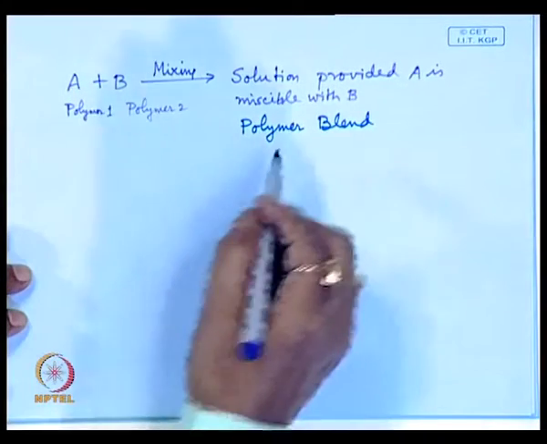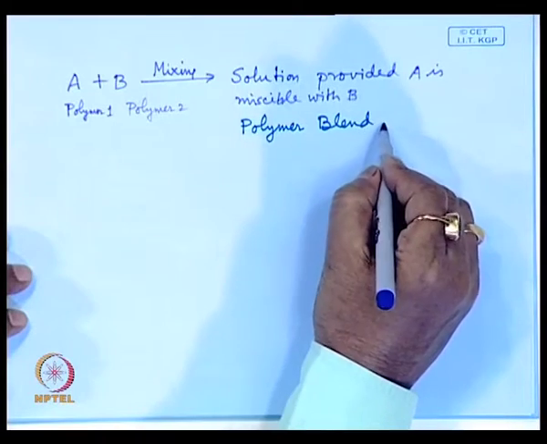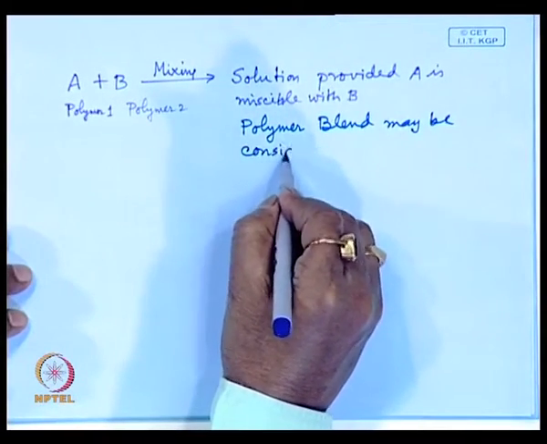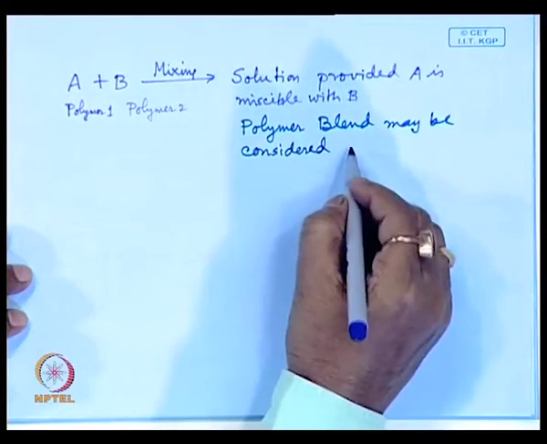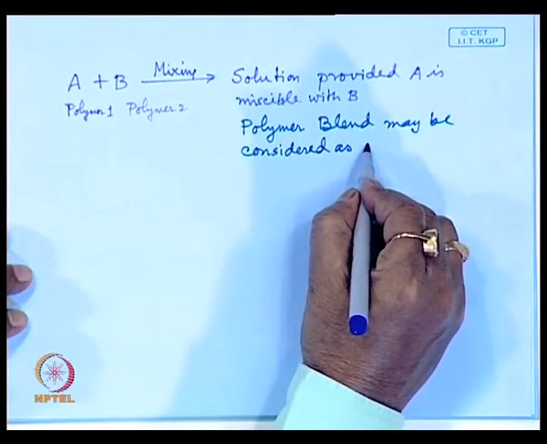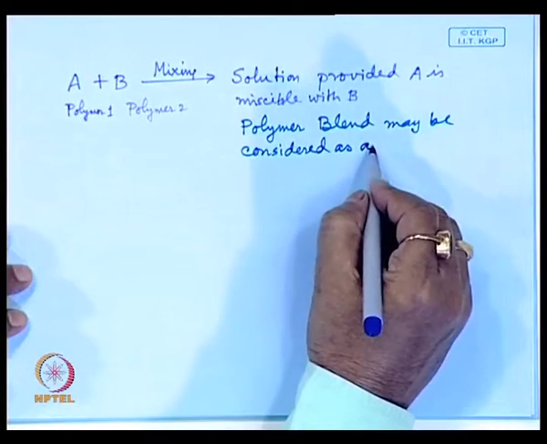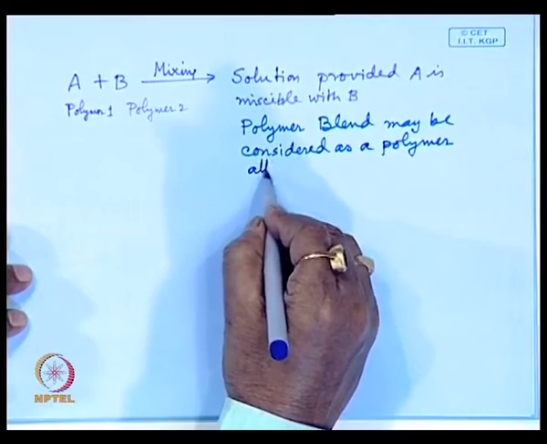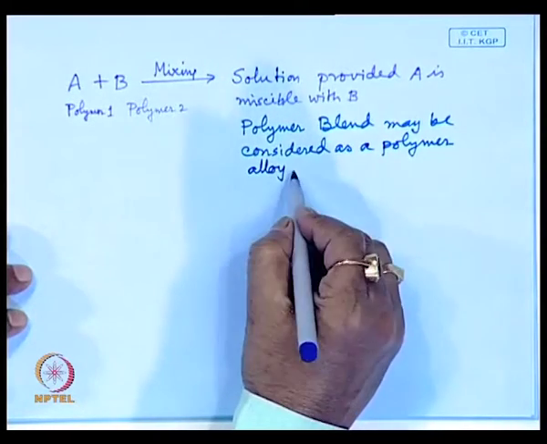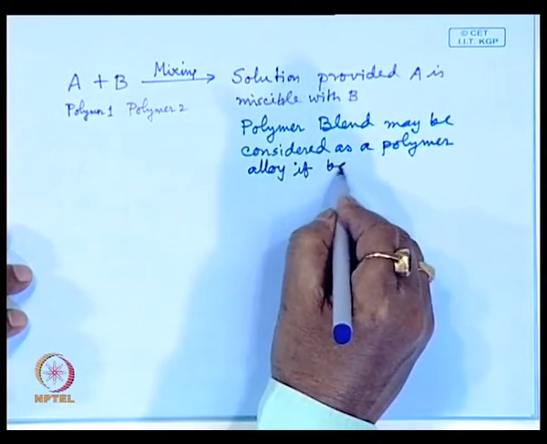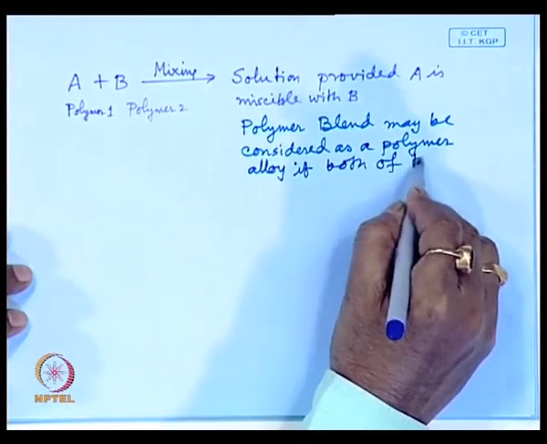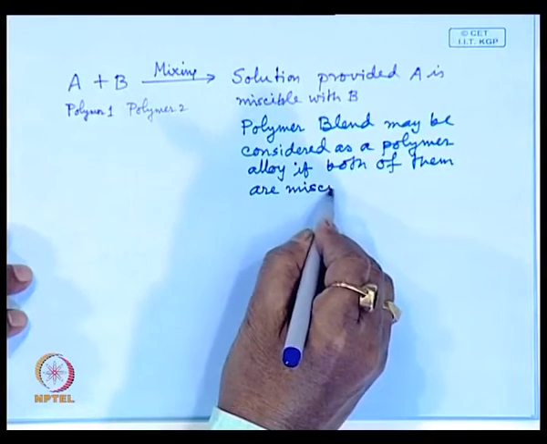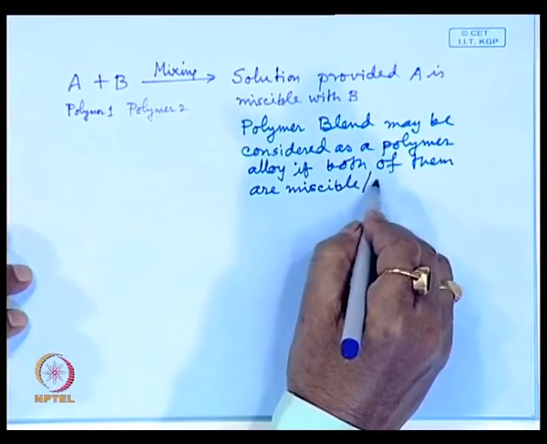That means, you can say this polymer blend may be considered as a polymer alloy if both of them are miscible or compatible.